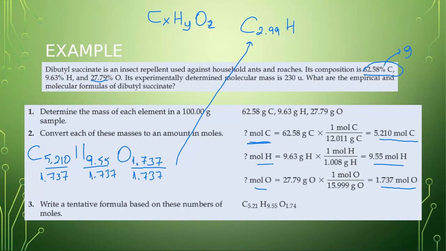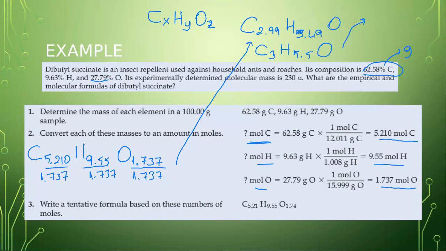And for the hydrogen, what is that? Yes, 5.5, and then the oxygen only 1, but these are not whole numbers. We can think that carbon is 3, because this is approximately 3, and hydrogen 5.5, and the oxygen 1.